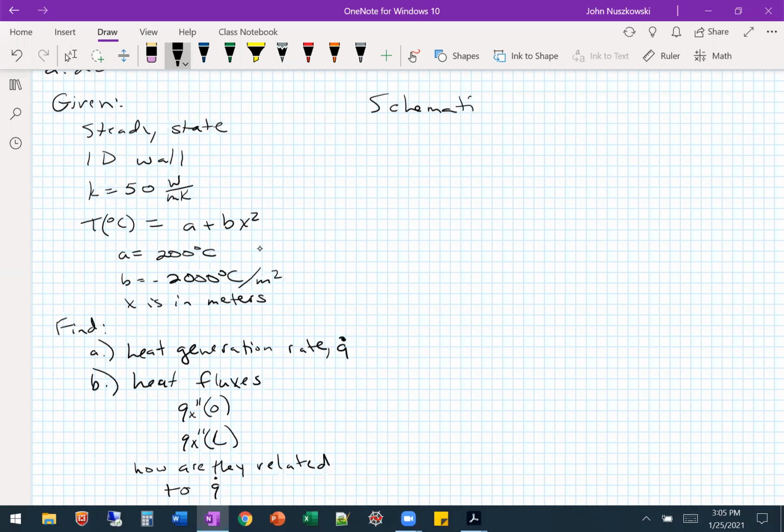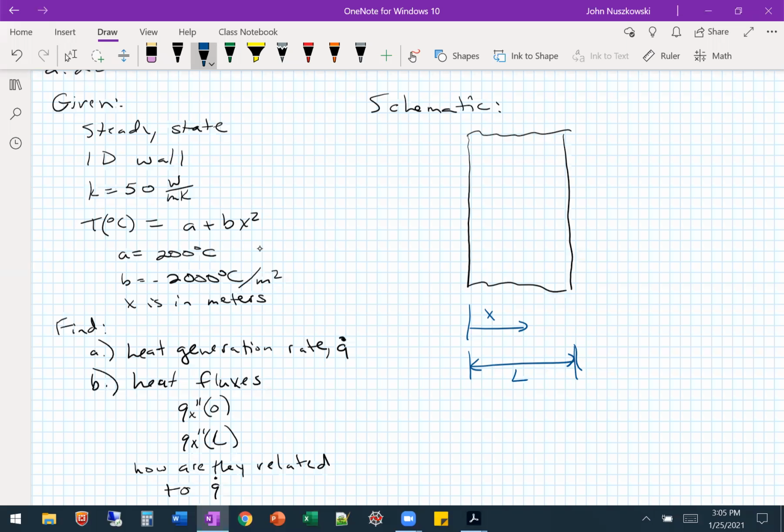All right, let's create a schematic for this one. So if we do our plane wall, and we have X in that direction, and that's a length of L, okay?